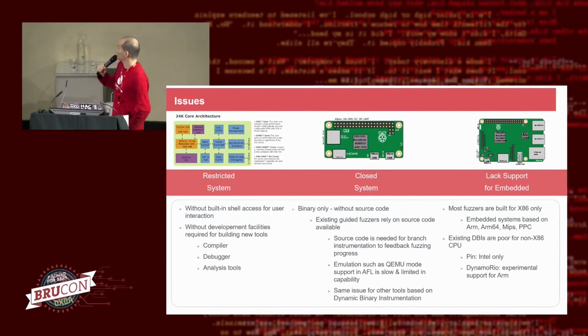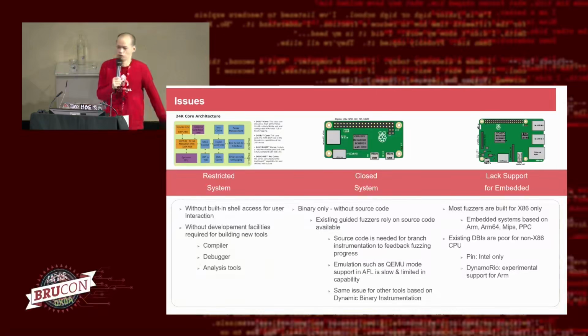The last issue is that most existing fuzzers are built for Intel CPUs only. They have very poor support for embedded CPUs like ARM, ARM64, or MIPS, or PowerPC. So for example, you want to fuzz a binary, right? We need to use some DBI, some dynamic binary instrumentation framework.